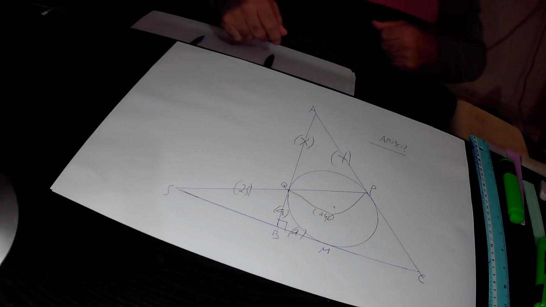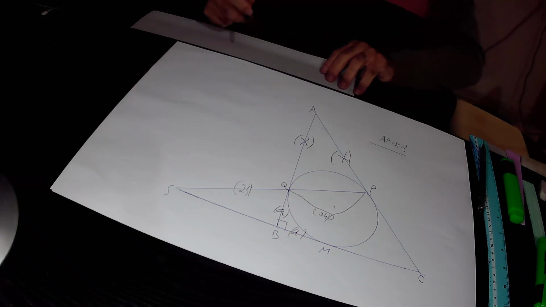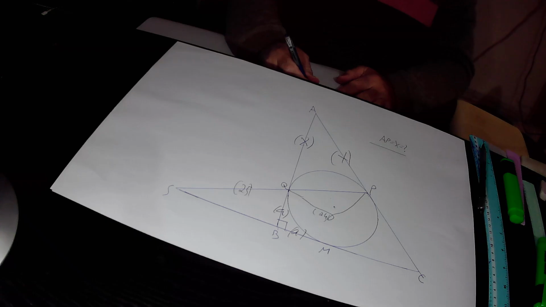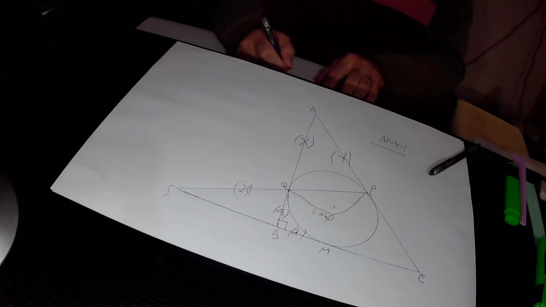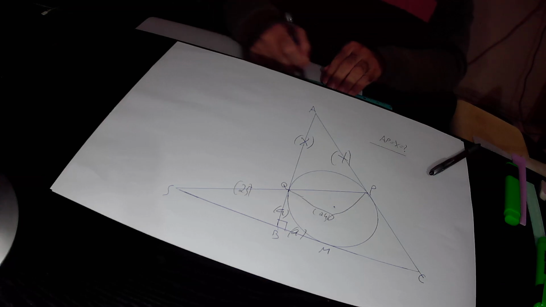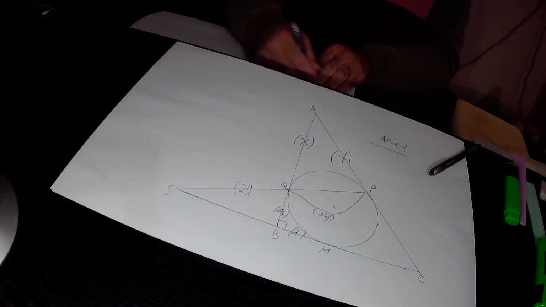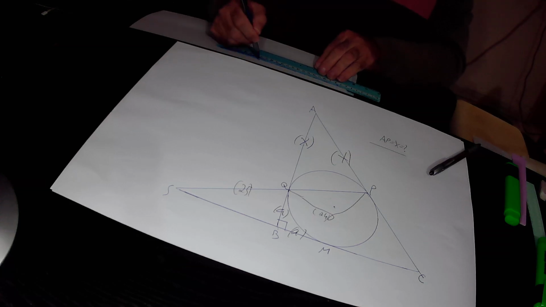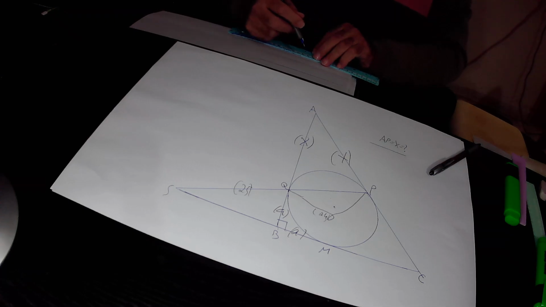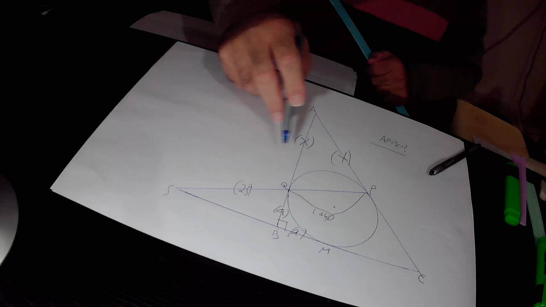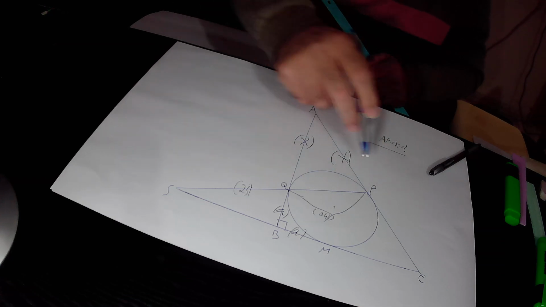So if we focus on the common point S, according to rule 10, the following equation is true: SM square equals SQ times SP.